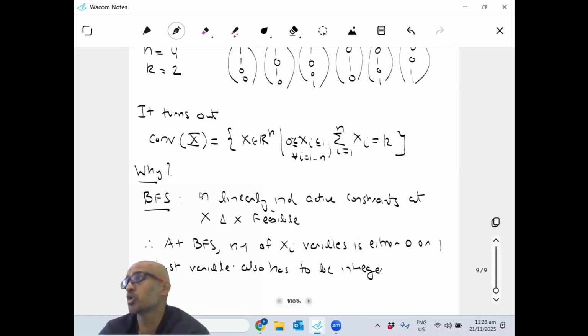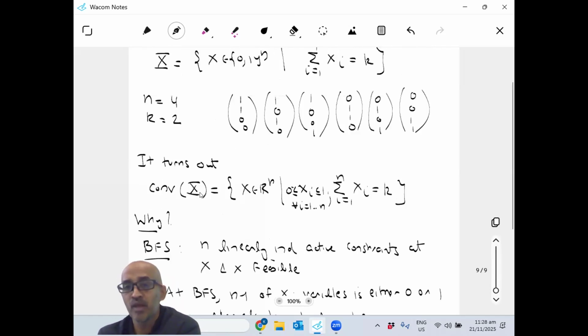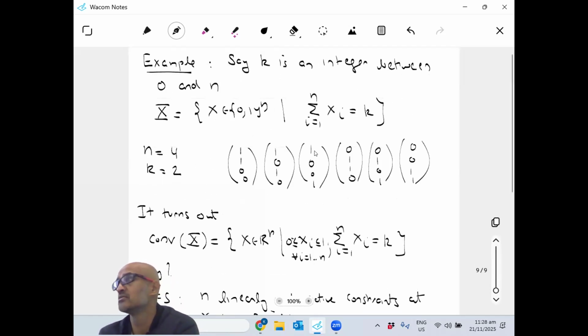And these integers are between 0 and 1, so every integer has to be either 0 or 1. There's no other integer between 0 and 1. So every basic feasible solution is 0 or 1, and the values add up to k. But that is precisely the set.